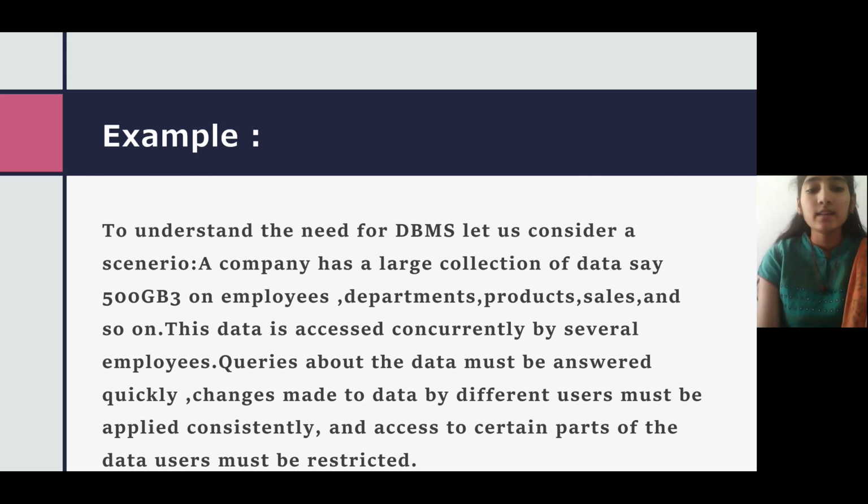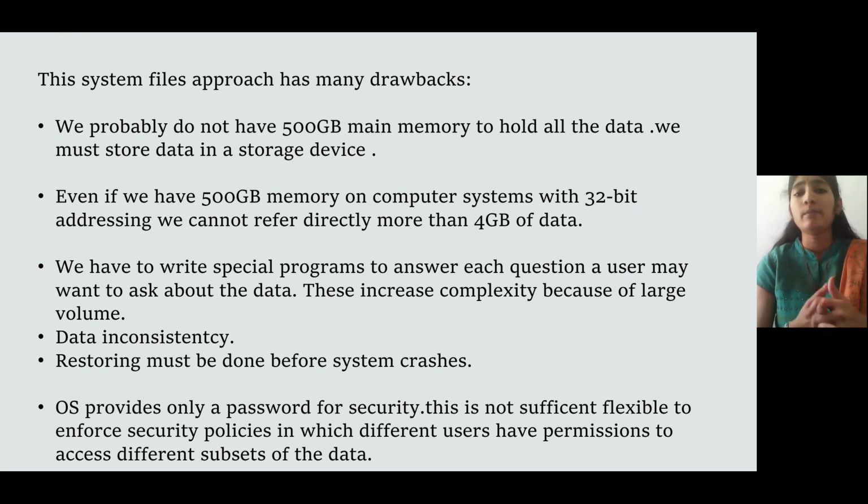Now let us see how the file system approaches this. The file system approach has many drawbacks. We probably don't have 500 GB of main memory to hold all the data, and we must store the data in a storage device like hard disk, tapes, or magnetic disk.